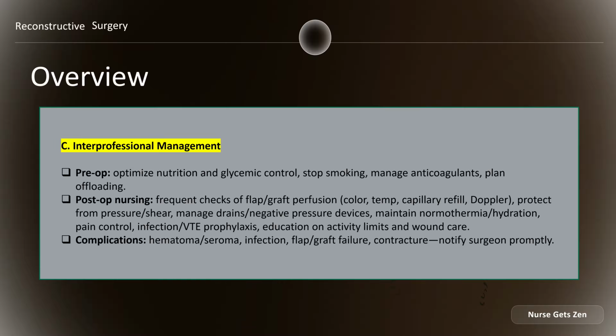So nursing care of the patient undergoing reconstructive surgery extends from the preoperative to the post-operative periods. The nurse focuses on diligent assessments of the wound as well as the graft, and is attentive to signs of infection, decreased perfusion, and delayed wound healing.